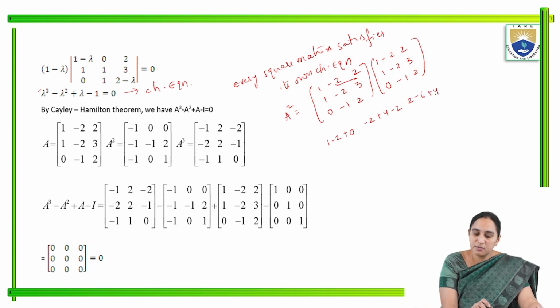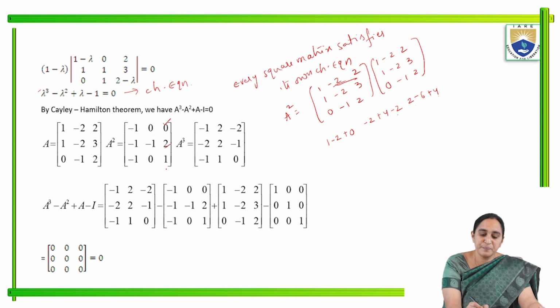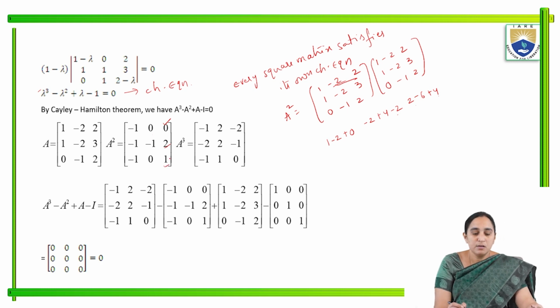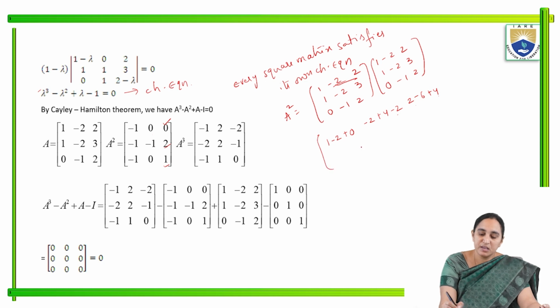Observe here, 1 minus 2 means minus 1, and there minus 2 minus 2 minus 4 and plus 4, that is 0. And next 2 minus 6 plus 4, that is also 0. Continuing like this, we get the second row and the third row. That's the multiplication of the matrices, and we get A square directly.